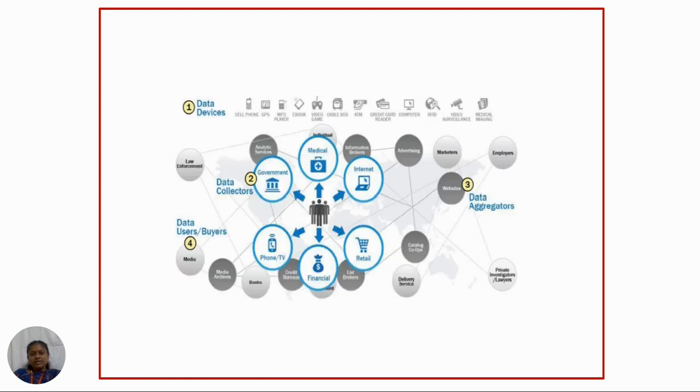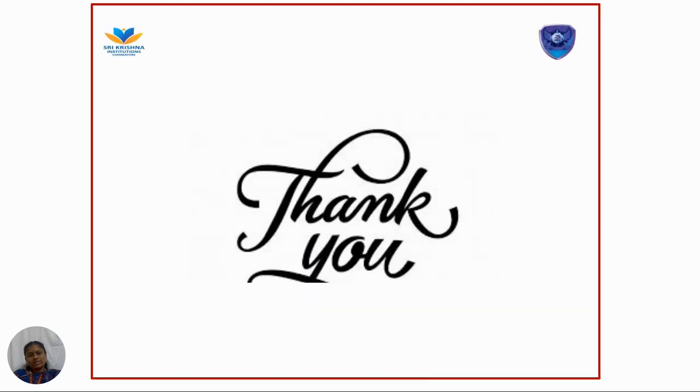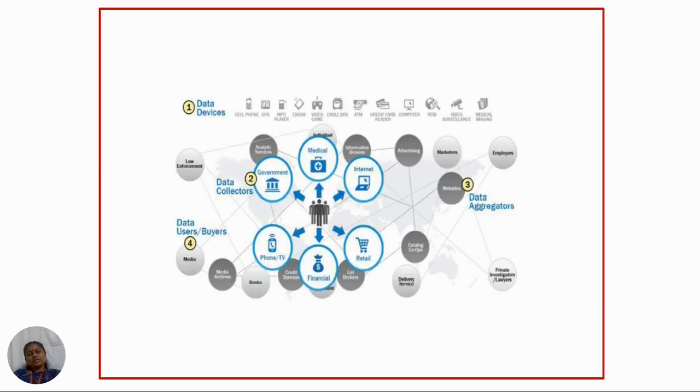So the data devices are there, from which the data collectors collect the data, and the data is aggregated by data aggregators. The data users or data buyers buy the data from these aggregators in order to promote their business or to know about a geographical location and natural disasters. So these are the technologies that big data uses nowadays.